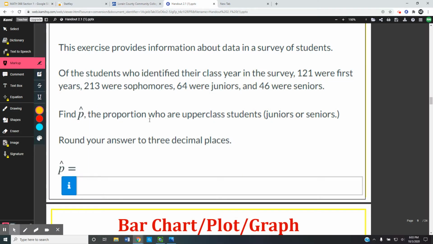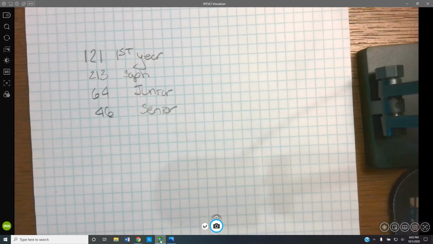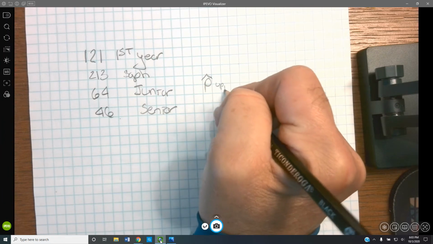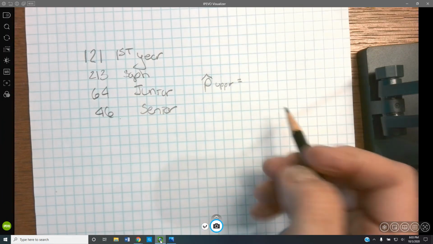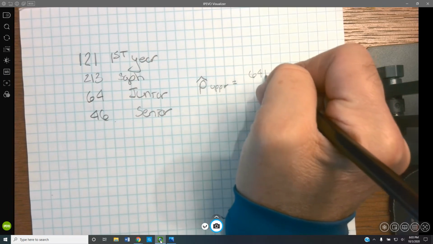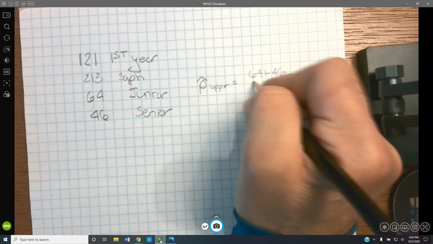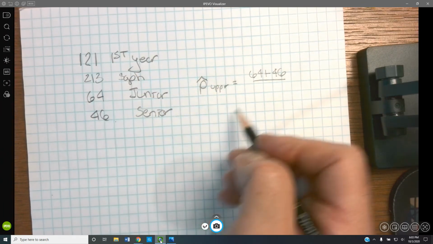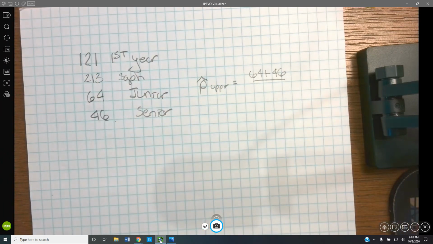Find the p-hat proportion who are upper class students, that is, those who are juniors or seniors. So if I go back to finding that p-hat value for upper, we find the juniors are 64, and the seniors are 46, and of all of these, we have to have a sum of all, and I don't remember the sum of these values, so we'll have to get them.